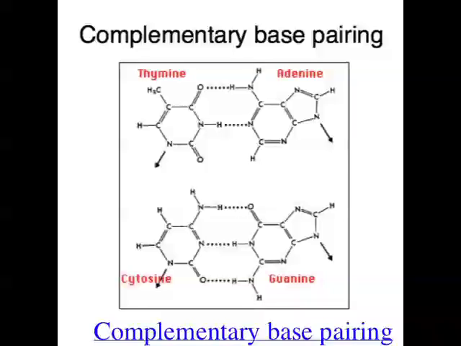So the base pairing is very restricted. Adenine can only join with thymine, A can only go with T, and cytosine can only go with guanine, so C can only go with G. So A with T and C with G. And these are called complementary base pairs, AT-CG.